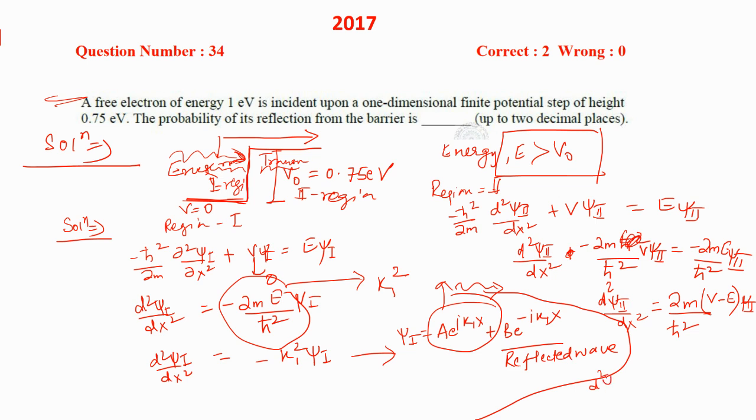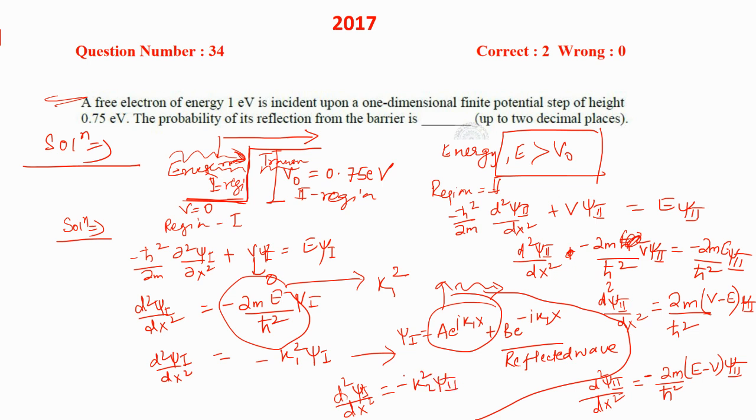And if I take it as d2 psi by dx square equal to minus 2m upon h cross square, E minus V, psi 2, then this will become d2 psi by dx square equal to minus k2 square psi 2.